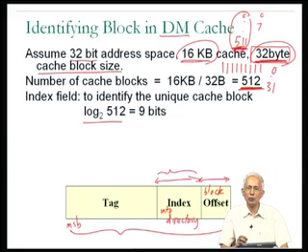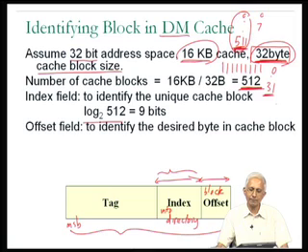There is byte 0 within any particular block, there will be byte 0 through byte 31, and therefore to identify any particular byte within the block, I need to use as many bits as are needed to represent 31, and you will quickly be able to figure out that the number of bits is going to be given by log base 2 of 32, which is 5 bits.